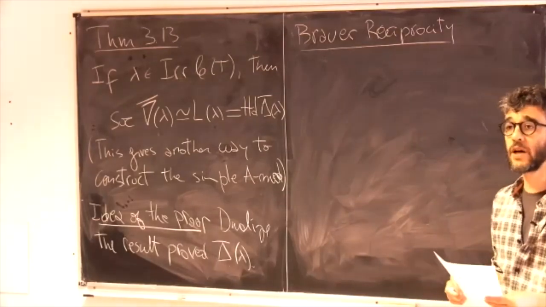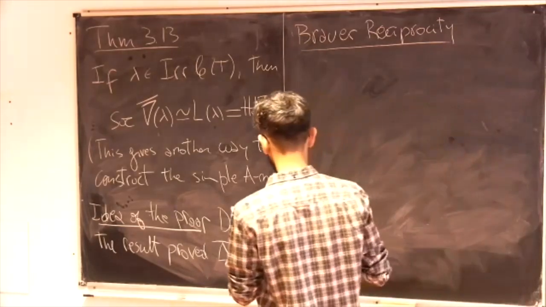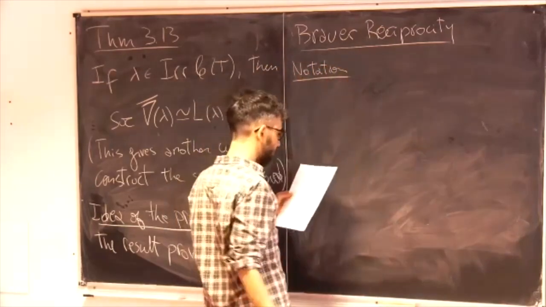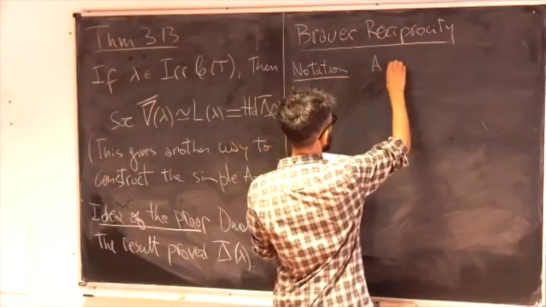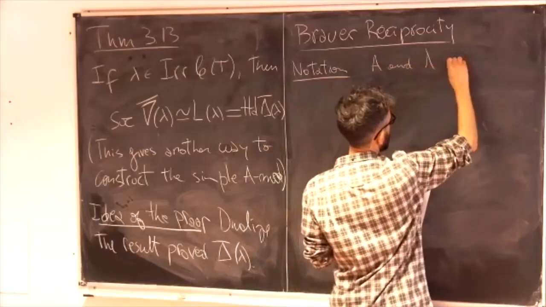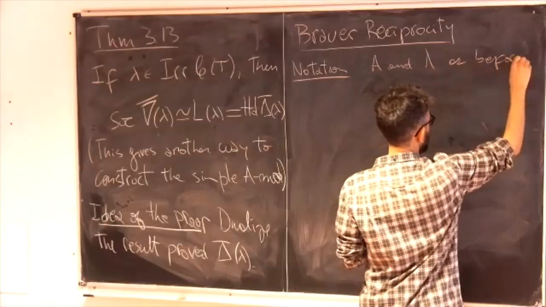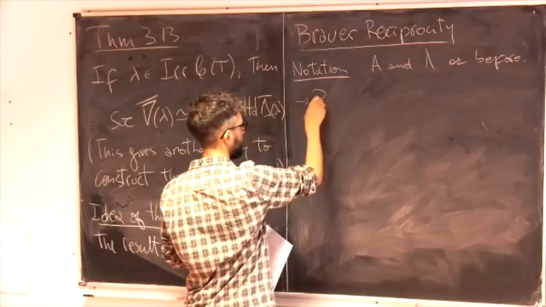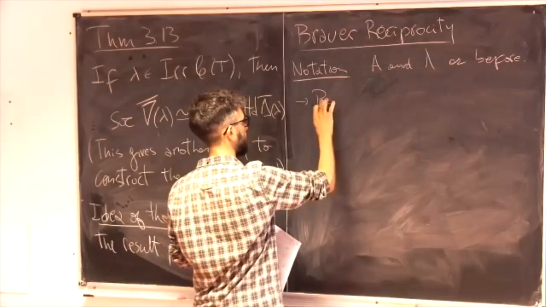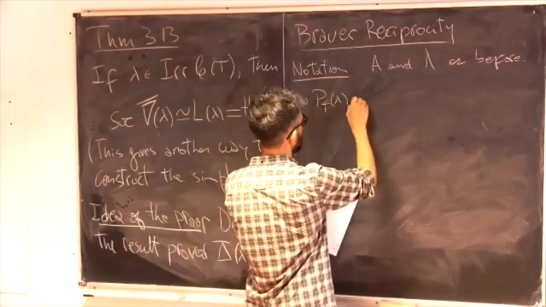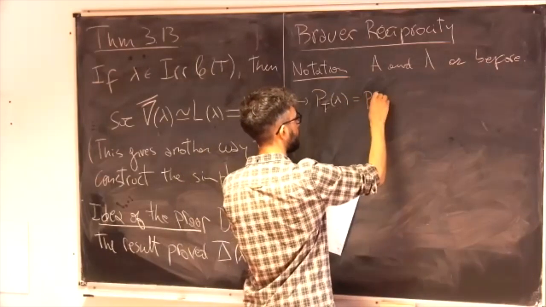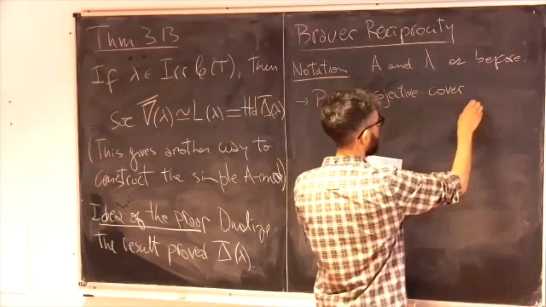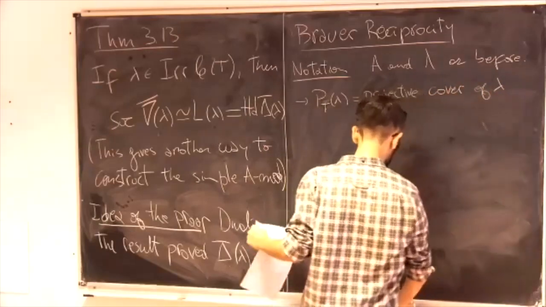So I need to introduce some new definitions. Notation: A and lambda will be as before. We denote by P sub T of lambda the projective cover of lambda in the category of A_T modules.